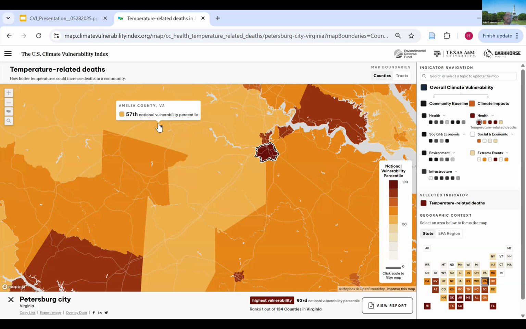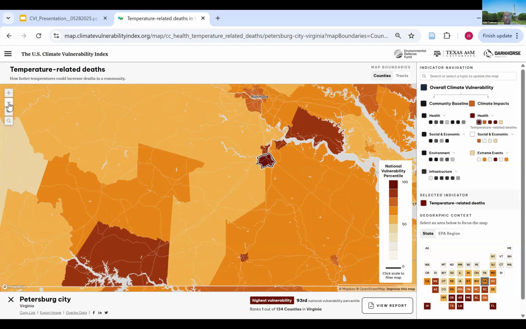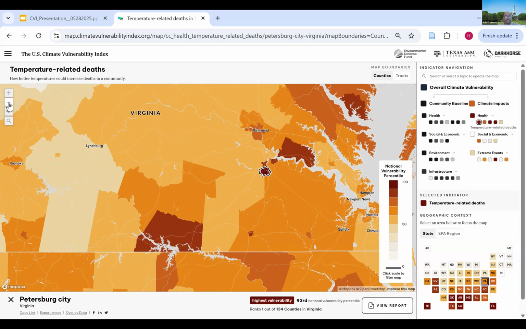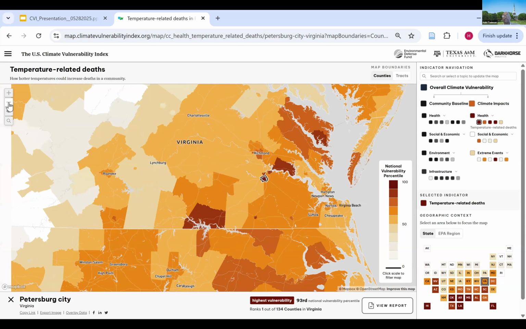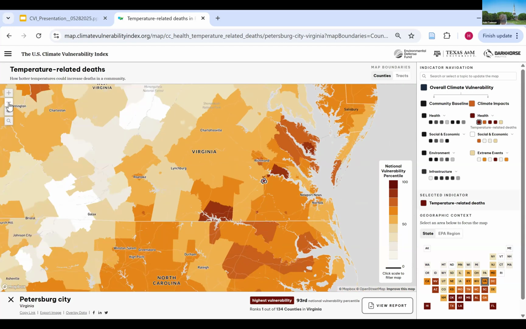So everybody can go to your specific area and check. The most important thing about this tool is it gives you all these 186 indicators. You can use that to lobby for funding and policy changes in your neighborhood based on this information.